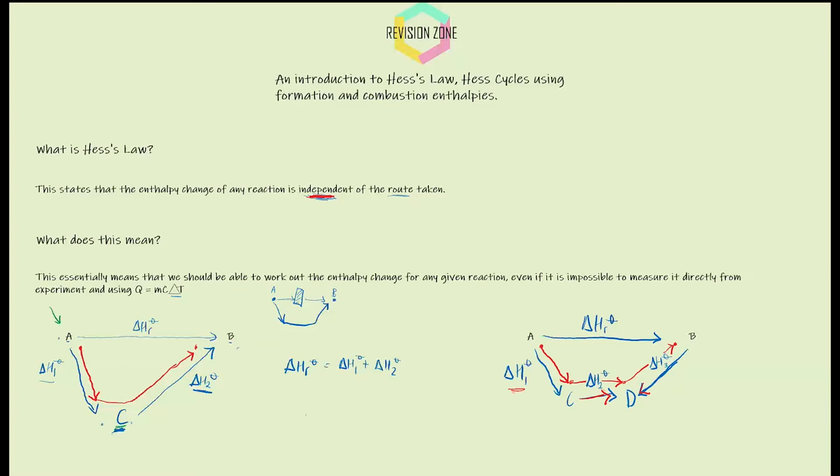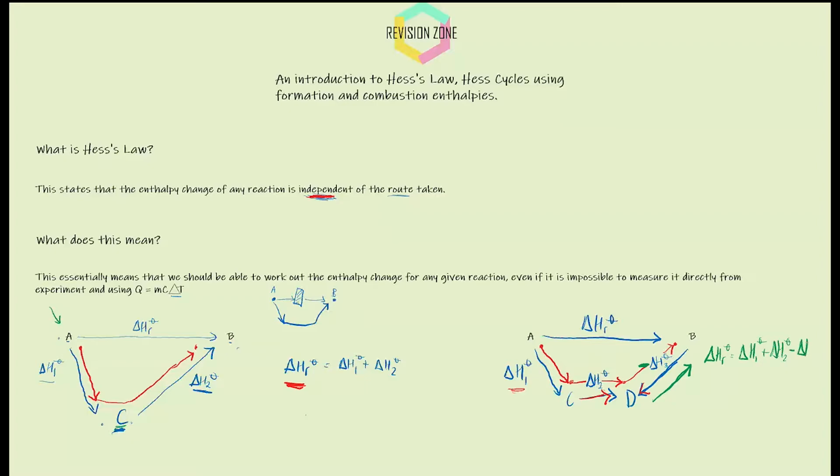So what does that mean for a description of delta HR in this case? Well, what that means is delta HR is equal to delta H1 plus, I'm adding this because it's going in the same direction, delta H2, but this time I am going against this arrow, so this delta H3 becomes minus.